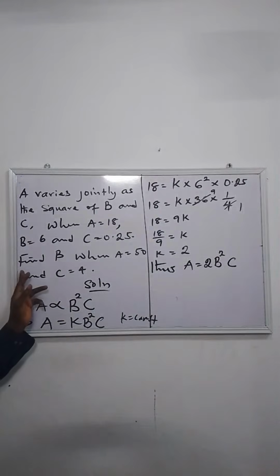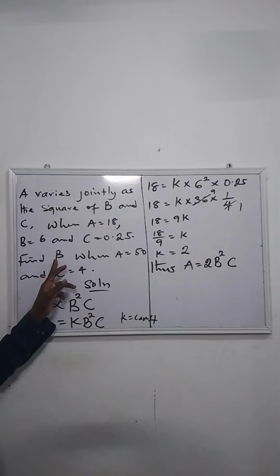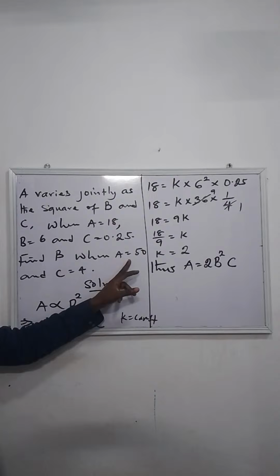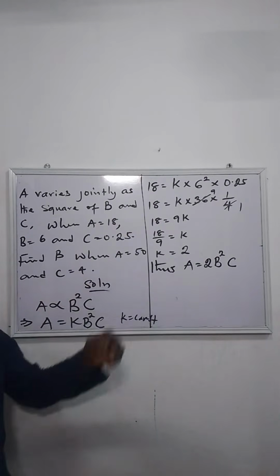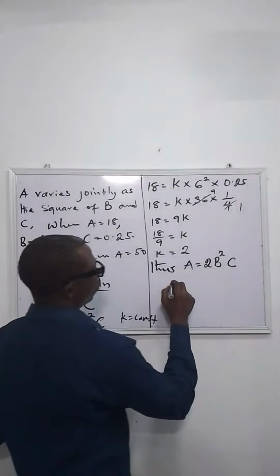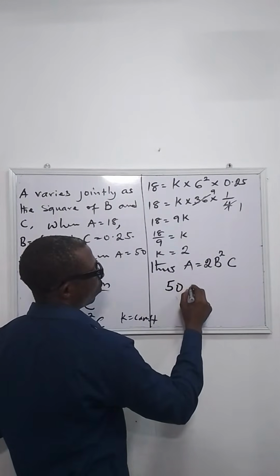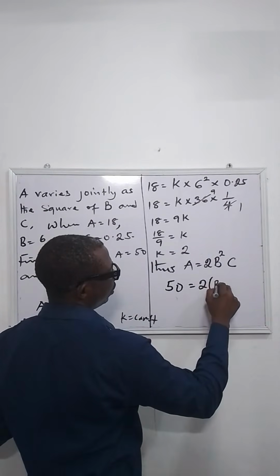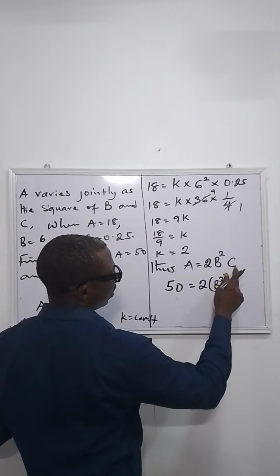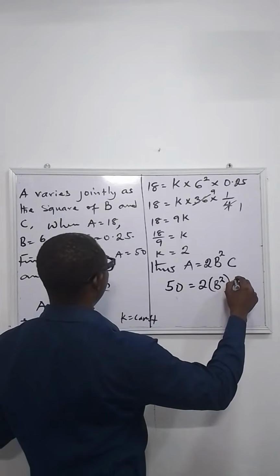Now the question goes further and asks you to find B when A is 50 and C is 4. Can we plug in the values? So A is 50, so we have 50 equals 2 times B squared times C. C is what? 4, right?